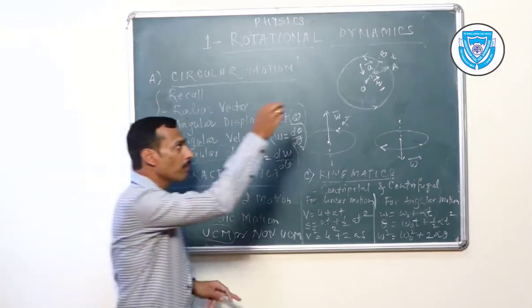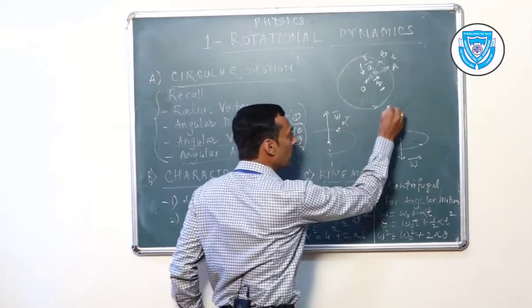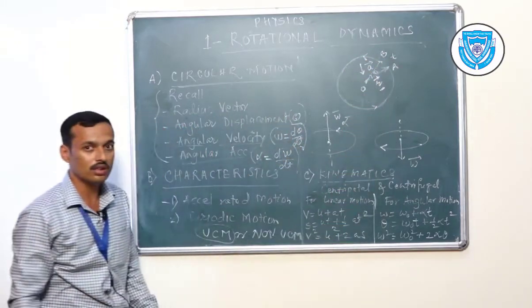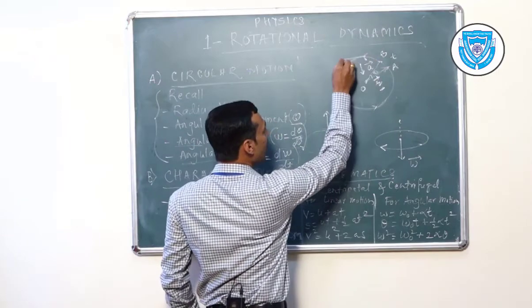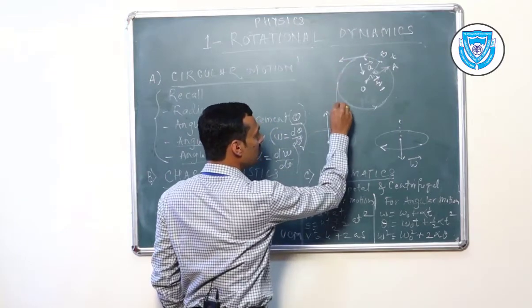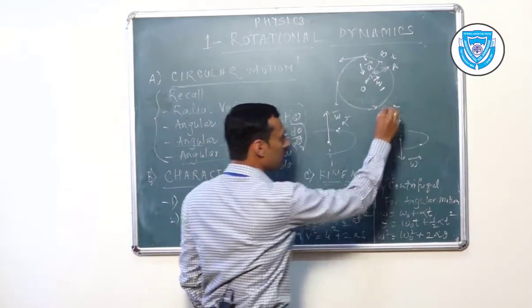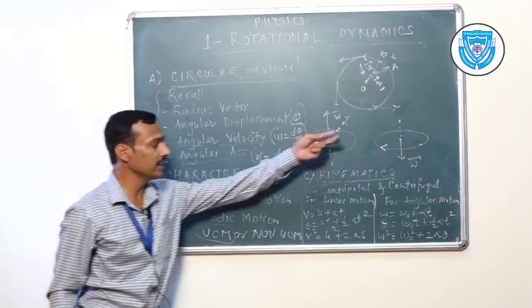The particle is revolving along the circumference of a circle with constant speed, but velocity is tangential, like this one, which we already studied in 11th standard.